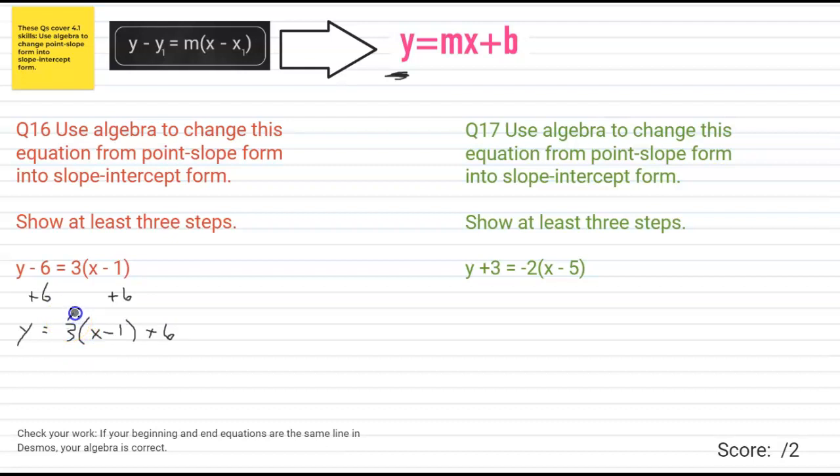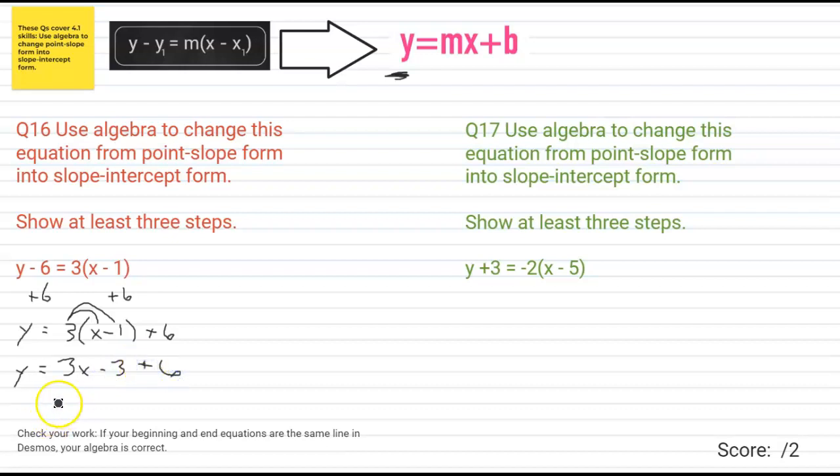I'm going to take 3 times x, and 3 times -1. That gives me y equals 3x, 3 times -1 is -3, and then I'm just going to bring down my plus 6.